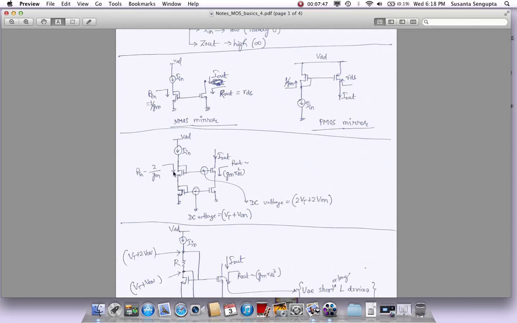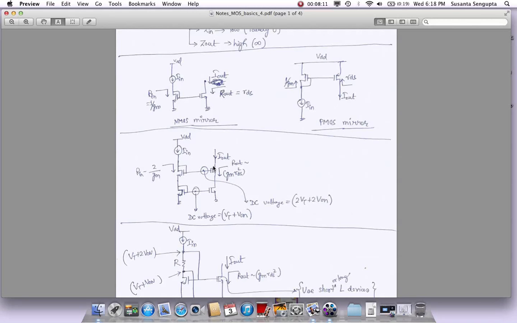You have degraded the input impedance a little bit, because first it used to be 1 over Gm, now it's 2 over Gm, because you have two devices in series. The impedance from this point to this point is 1 over Gm, and again from this point to this point is 1 over Gm. If you add the two, it becomes 2 over Gm. So the input impedance has degraded a little bit, but you have boosted the output impedance significantly.